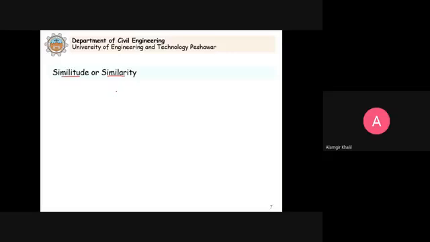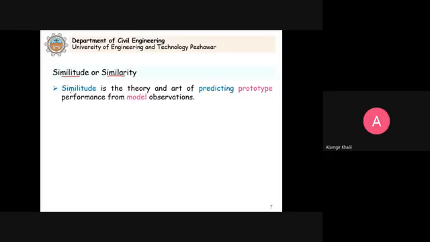Now, this similarity or similitude is the theory and art of predicting prototype performance from model observations. So what is similitude? We conduct test experiments on the models, and then we predict the performance of the prototype.